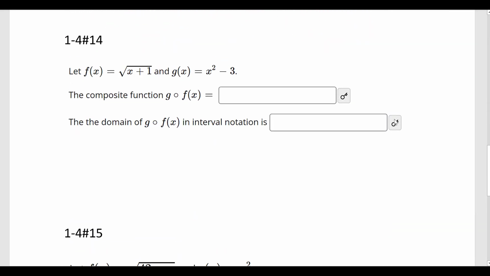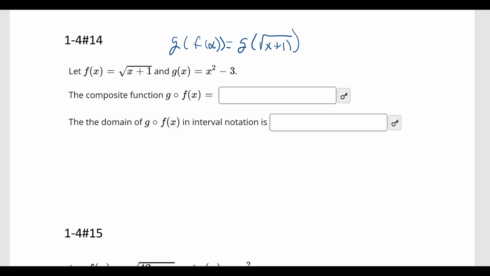So the next one, we're going to find g of f of x. G of x, we know what g of x is. G of f of x is going to be g of the square root of x plus 1.